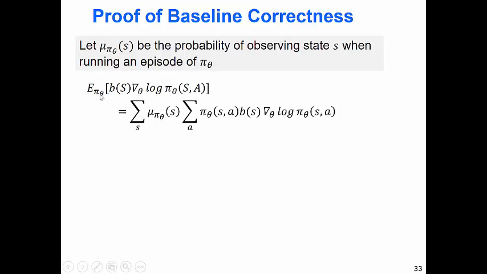And so you can rewrite this expression as follows. We're now going to sum over states, weighting them by the frequency that they occur. You can write this out with a little bit of work. It's a fairly annoying thing to derive because the notation's messy.